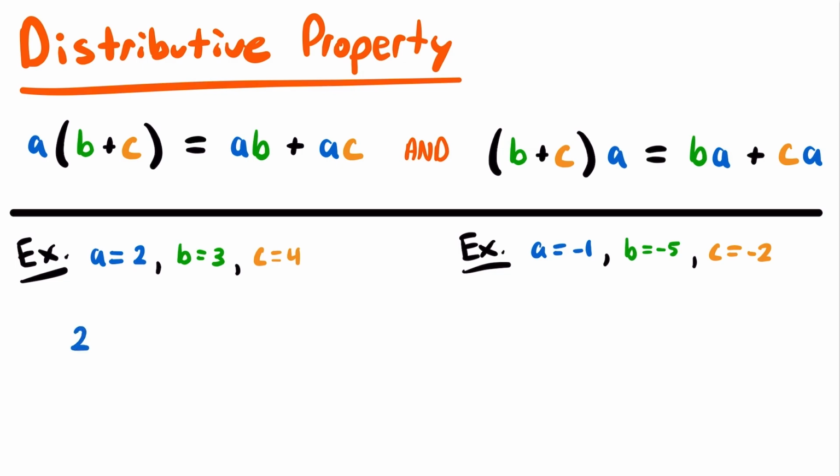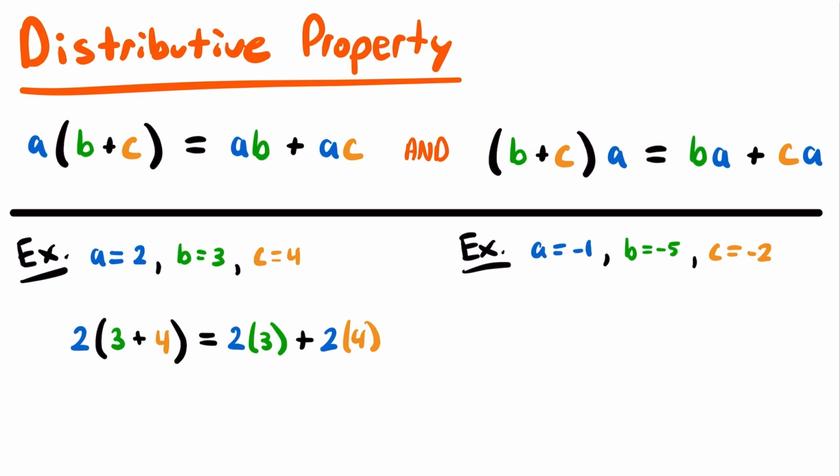So we'll have 2, which is our value of a, multiplied by the sum of b and c, where in this case b is 3 and c is 4. We are saying that that would be equal to 2 times 3 plus 2 times 4. All right, so we'd have 2 multiplied by 3, and then we would add that to 2 times 4. We take that number on the outside and multiply it by both of the numbers inside the parentheses.